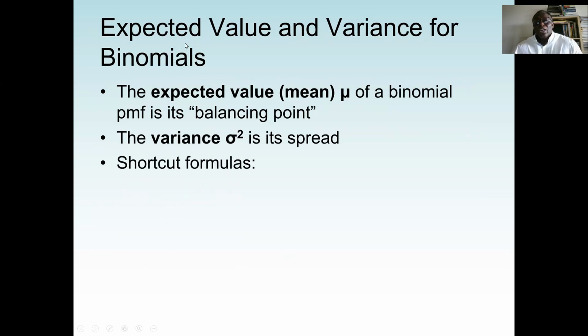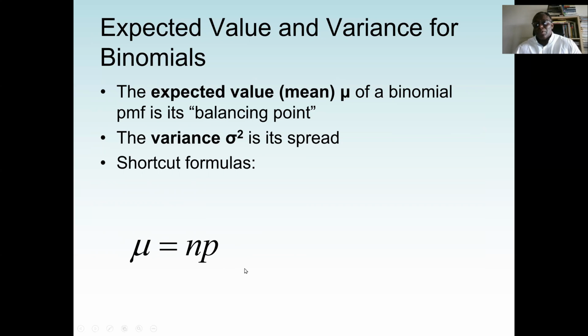Next we move to the expected value and variance for binomials. Expected value is the same as the mean. So we may have a question: what is the mean of the binomial probability distribution or binomial mass function? Here we use the formula n times p, that's it. The mean of a binomial probability distribution is the number of tries times the probability of success.